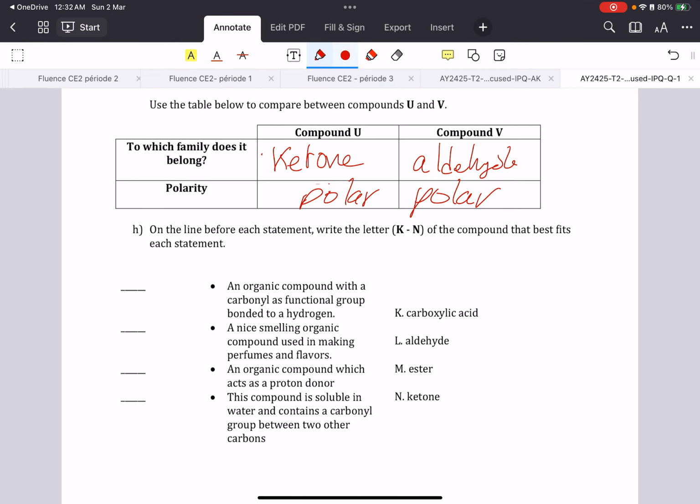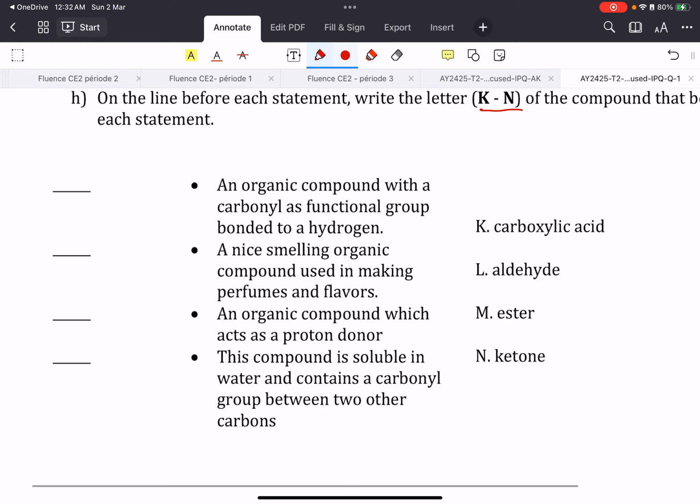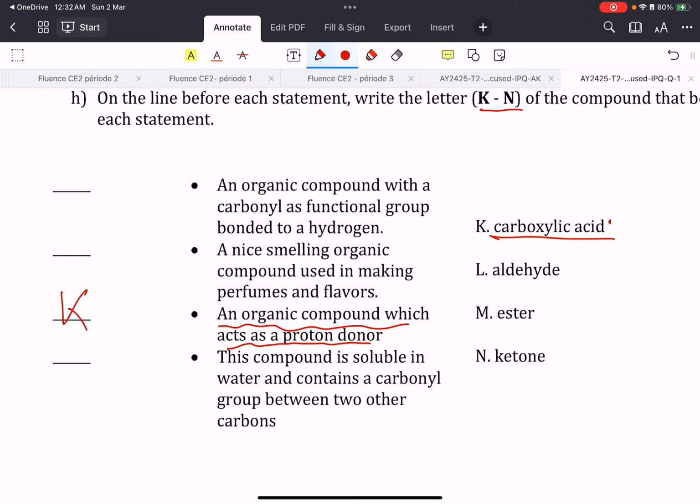Now these are the definitions of some other compounds. On the line before each statement, write letter K to N of the compound that best fits each statement. So, an organic compound which acts as a proton donor, this is something that we saw in topic 6, acids and bases. Bronsted acid, that's K. This compound is soluble in water.